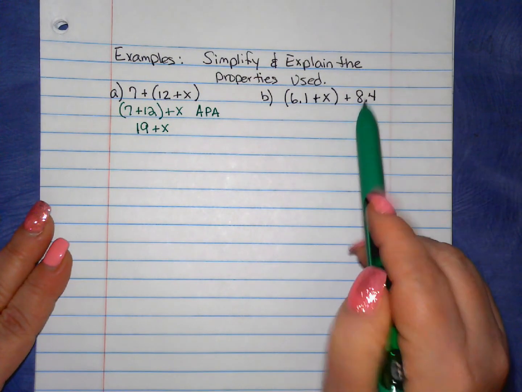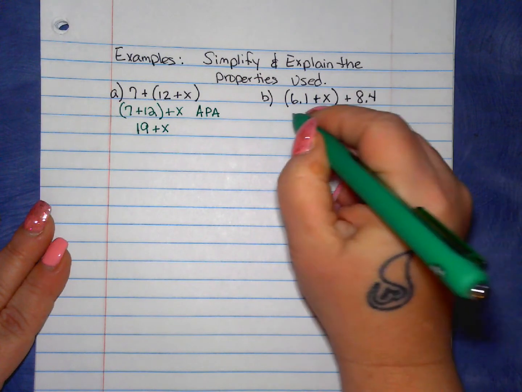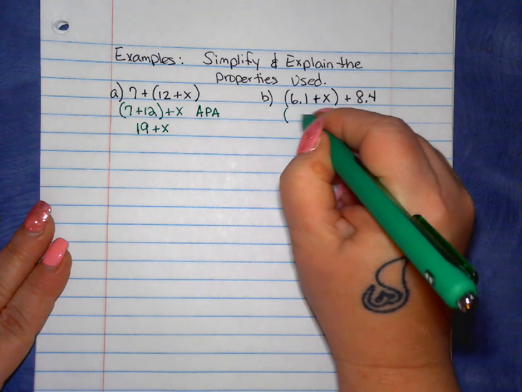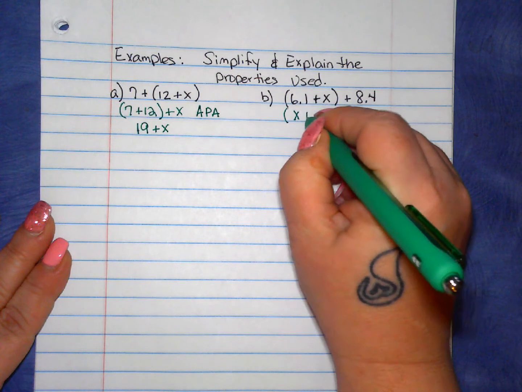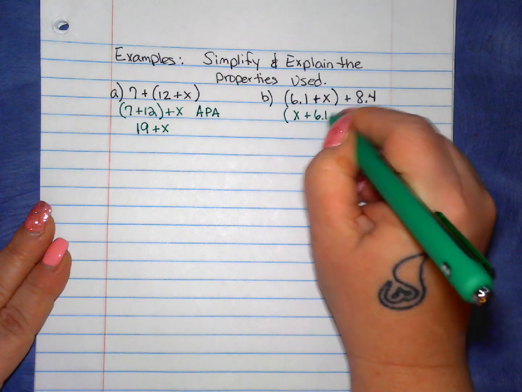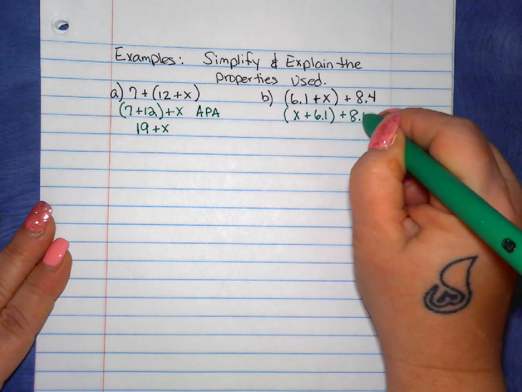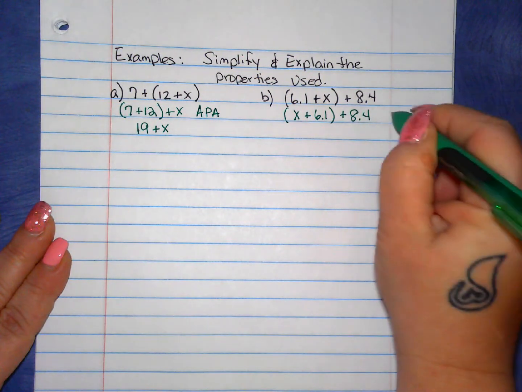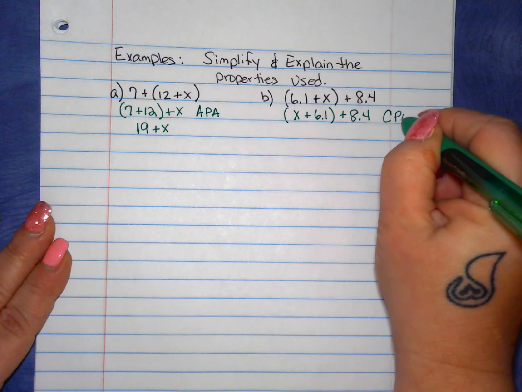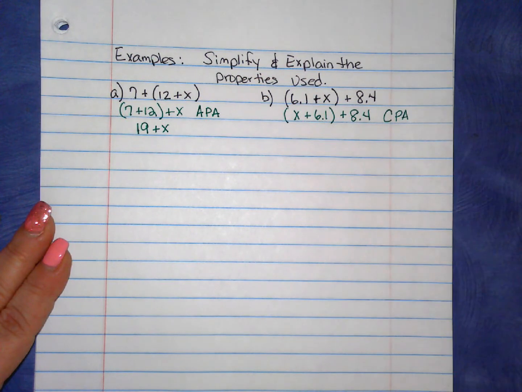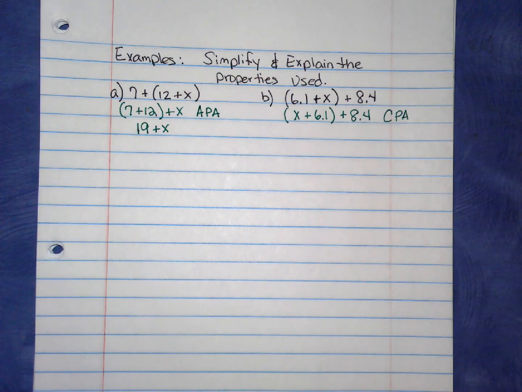All right? So if I switch the x and the 6.1, remember I have to carry the rest down. Right there I use the commutative property of addition. But I still can't simplify it yet, can I?